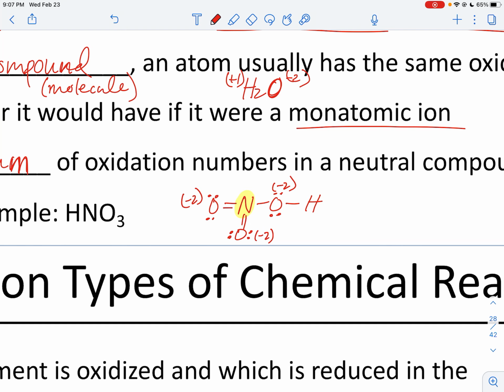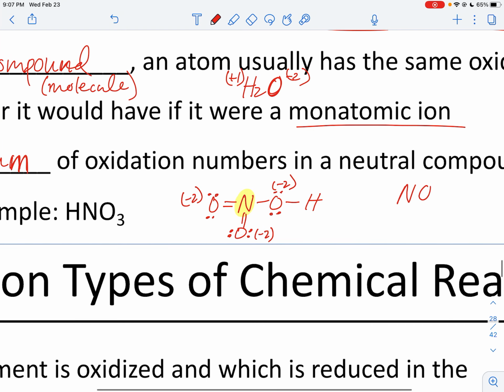But what do you know about nitrate overall? Nitrate, just NO3. This is a polyatomic ion. What charge does nitrate have on it? And because you all have your polyatomic ions memorized, you know it's a -1. Now, for nitrate to add up to a -1 overall, that is going to be the sum of all your oxygens plus whatever nitrogen is.